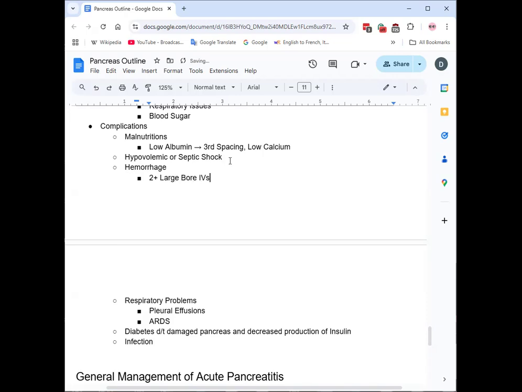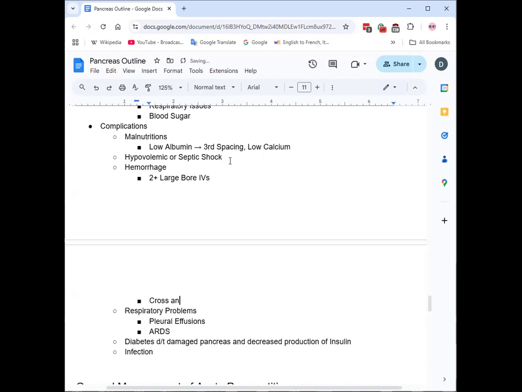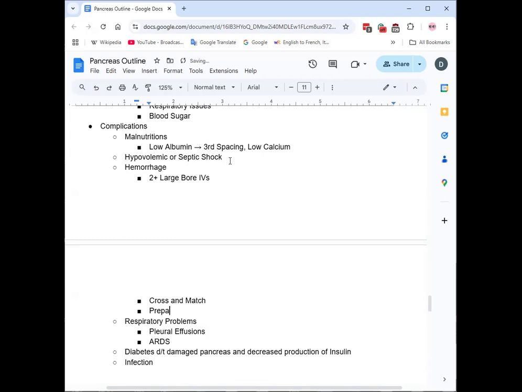This is how they might marry some of the concepts: you marry the ideas of blood transfusion with necrotizing pancreatitis. Very much just prepare for the worst.